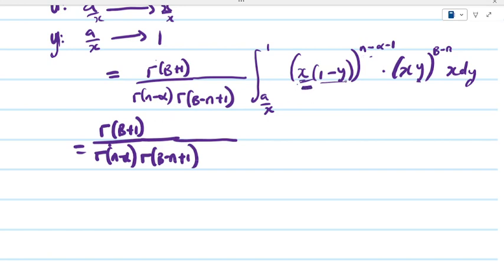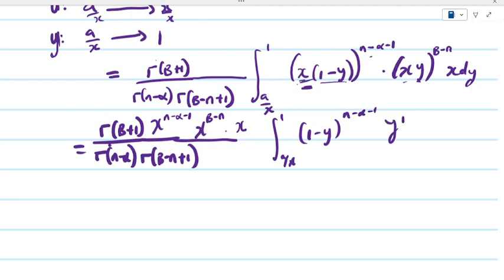So for this, we have x raised to power n minus alpha minus 1, and for this we have x raised to power b minus n, and for this we have x raised to power 1. So the integral from a over x to 1 of (1 minus y) to the power n minus alpha minus 1, then we also have y to the power b minus n, then dy.